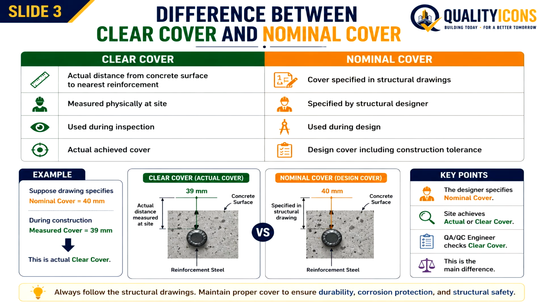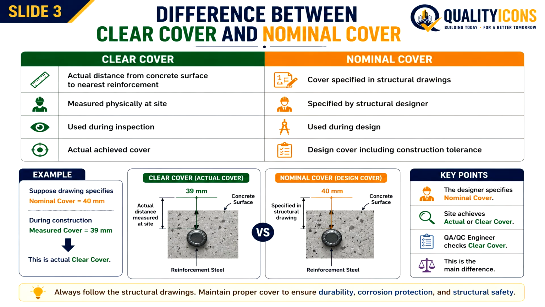Coming to slide 3. Difference between clear cover and nominal cover. Many engineers get confused between clear cover and nominal cover. Let us understand this with a practical example. Imagine your structural drawing specifies 40 nominal cover for a column.